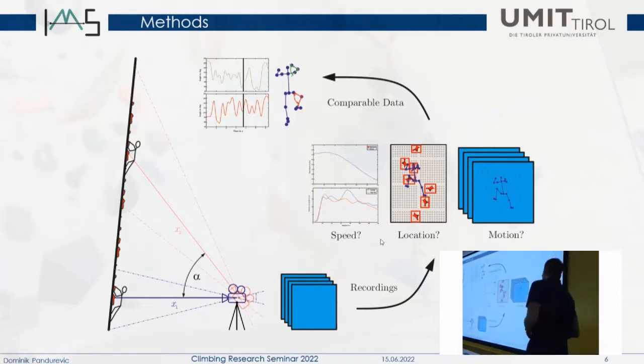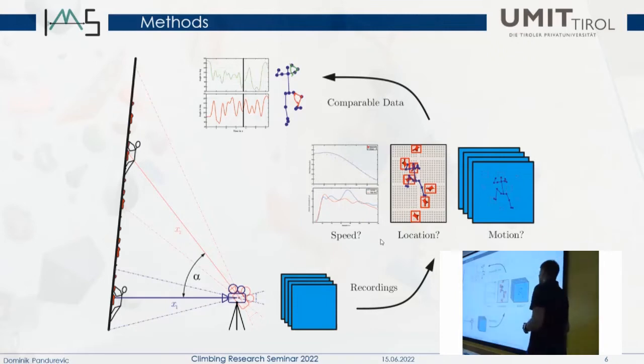And therefore, we are looking for some motion. So we are detecting random features on the images and trying to detect the movement of the camera in the image or in the recording and the frames.